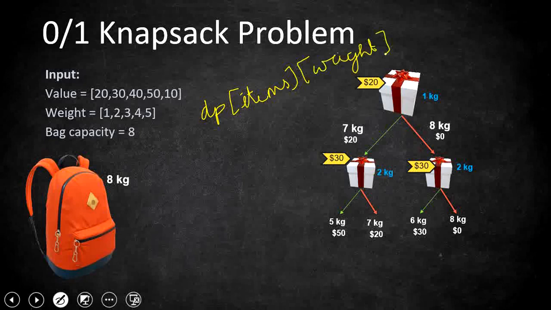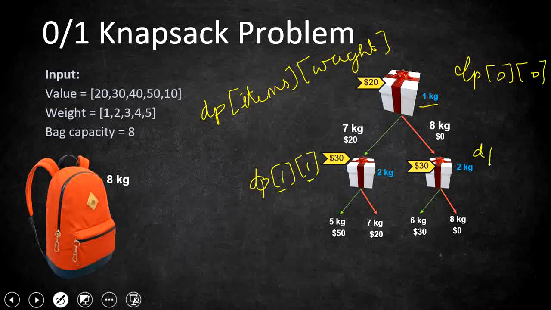So starting at the initial stage where it starts from dp of 0, 0 and it moves in this direction by considering the weight of 1 kg, and it becomes dp of 1, 1. So the first index represents the item and the second index represents the weight. The same way in this direction we are moving on to the second item, but the weight is going to be 0 as we have not picked any item.